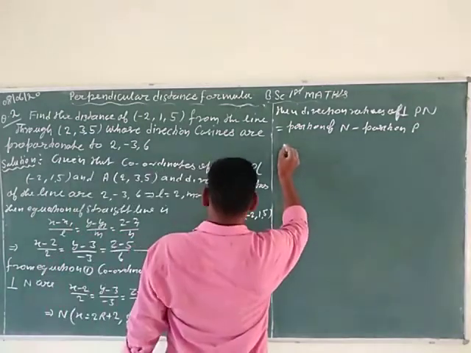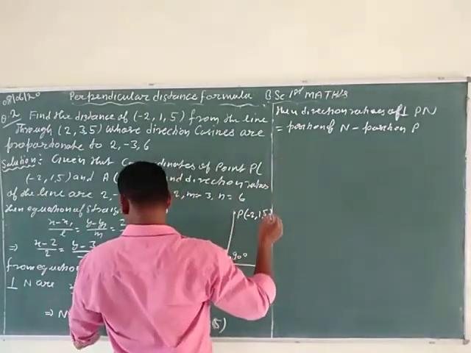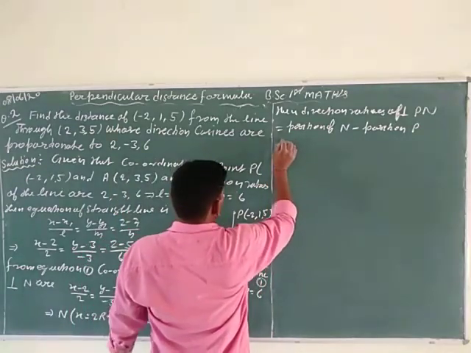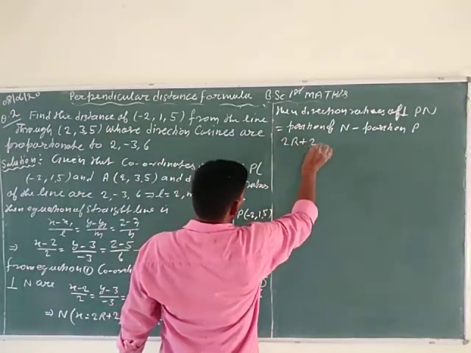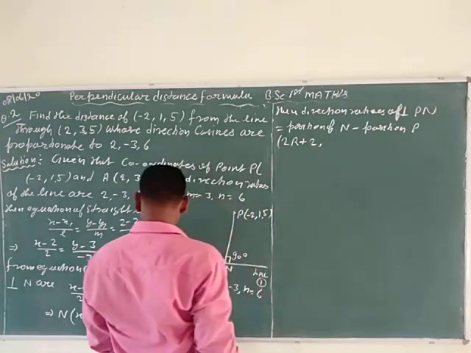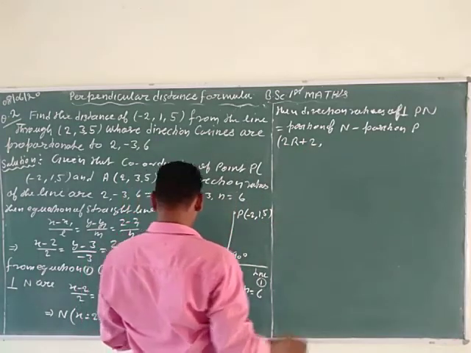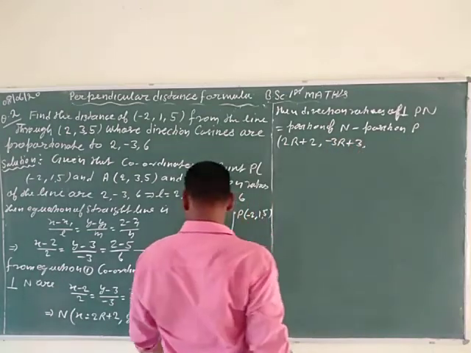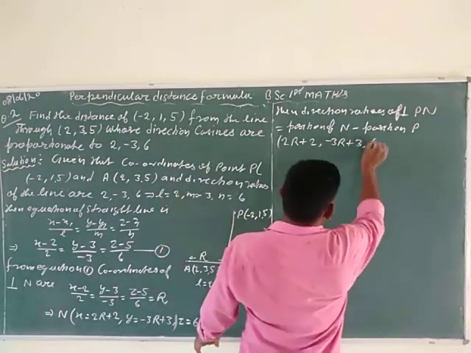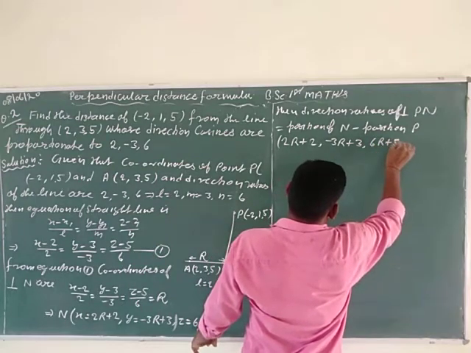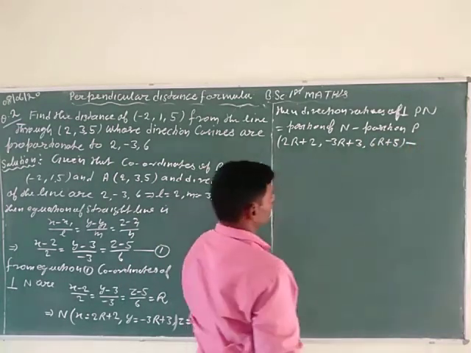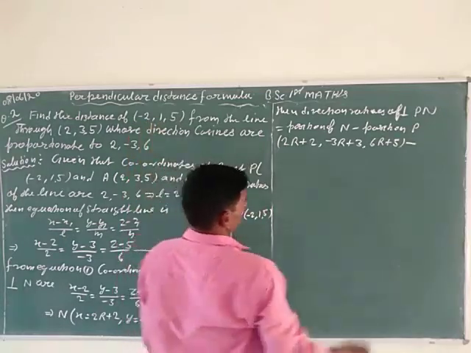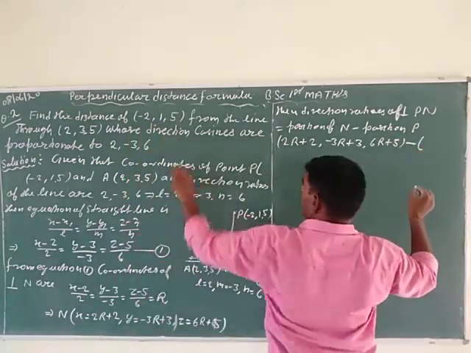So the first coordinate of capital N is x equal to 2r plus 2. Here directly write 2r plus 2, and second is minus 3r plus 3, and at last third is 6r plus 5. While the coordinates of point capital P are already given, which are (-2, 1, 5). So here directly write minus 2, 1, 5.